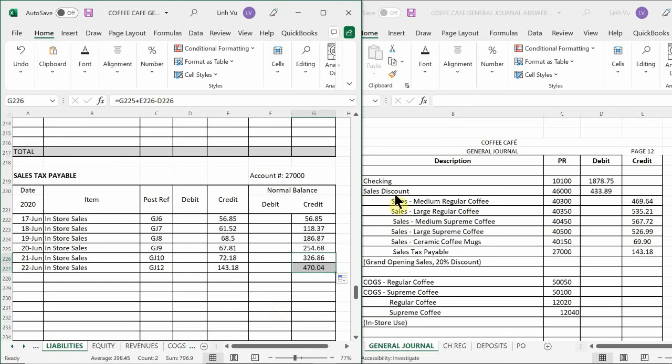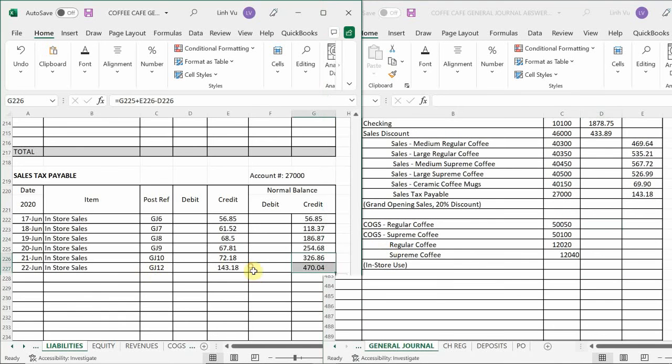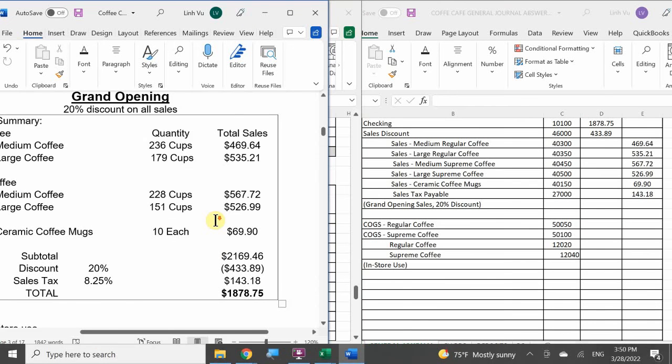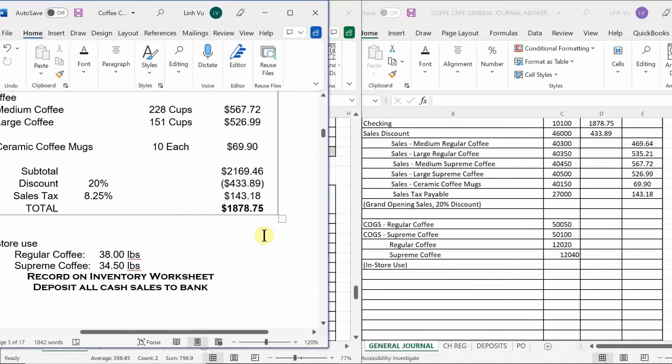Good. Okay. All right, sales tax is done. What else do you need to do? Go ahead and deposit the money first, and then we'll talk about the inventory.